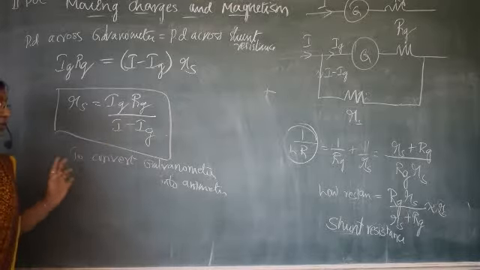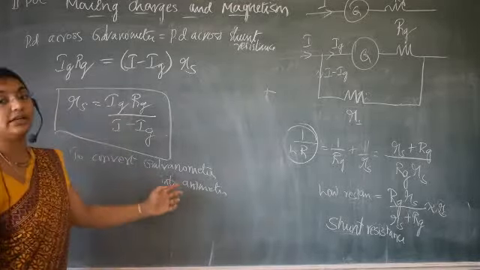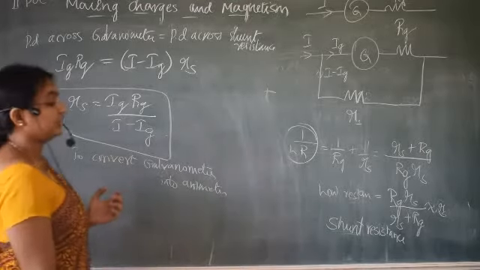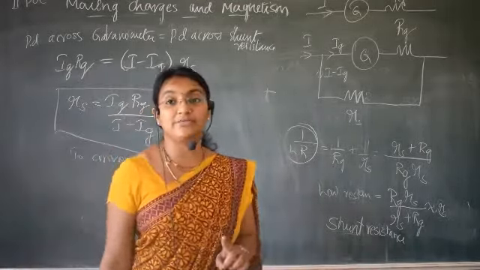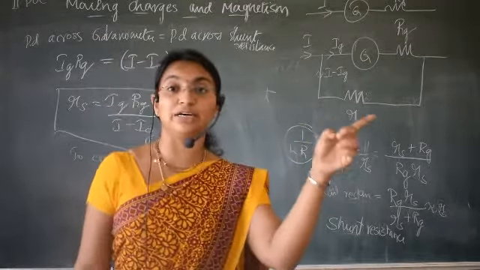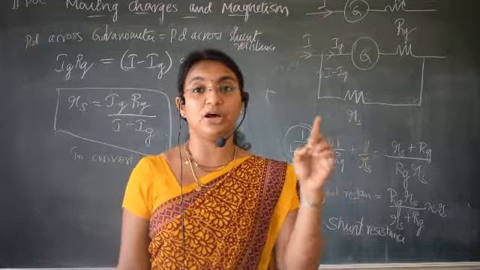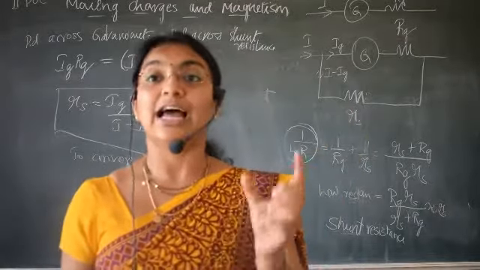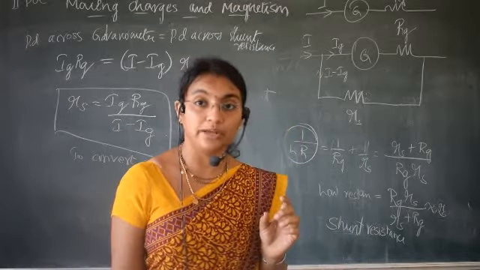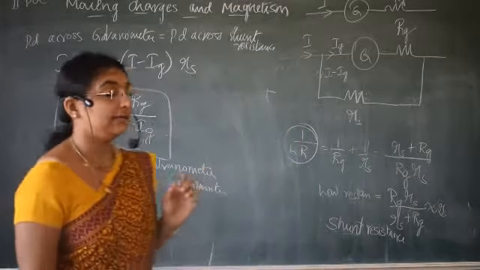This is how we can convert a galvanometer into an ammeter. See, Ig is nothing but the current required for full scale deflection in the galvanometer. Full scale deflection means the pointer should show full deflection from 0 to 30. How it looks, I will show in the next class. I will bring a galvanometer and show it to you. Shall I move further? Yes.